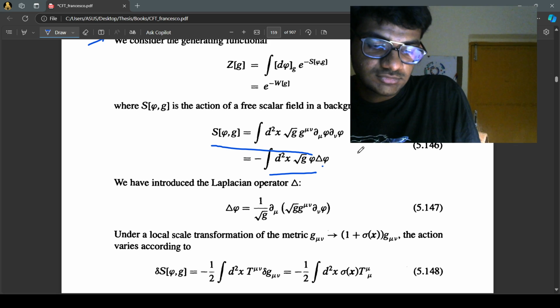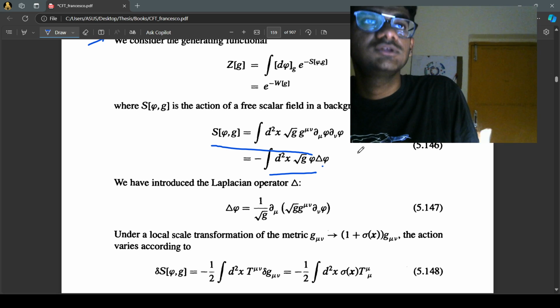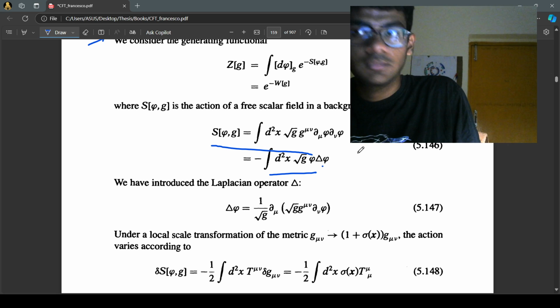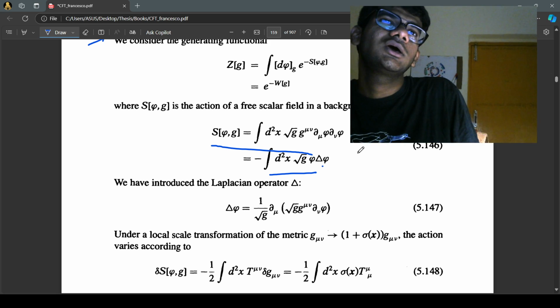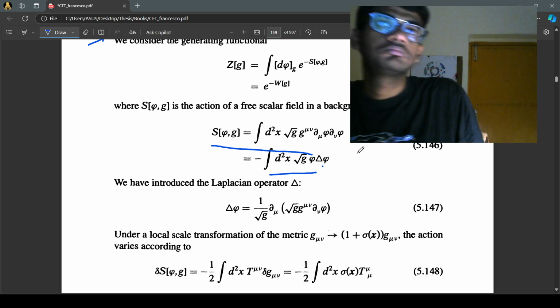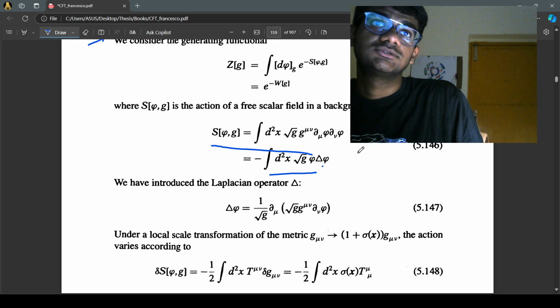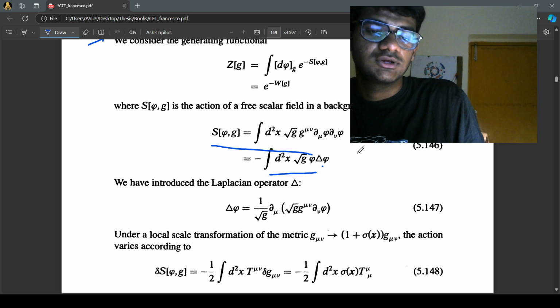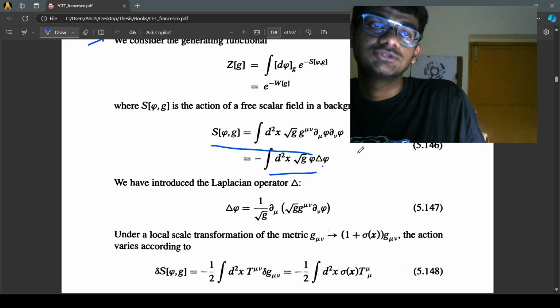So it's the integral d^4x root g phi delta phi, which is root g del mu root g g^{mu nu} del nu phi. Okay. Yeah, this was a very non-trivial thing that we did. I need to go through these calculations, and I will do them when I type them up. Definitely.